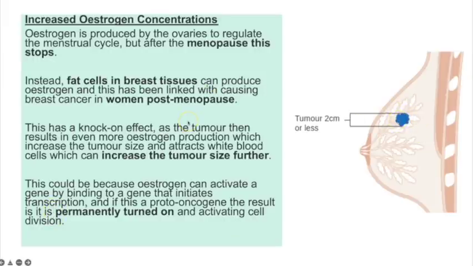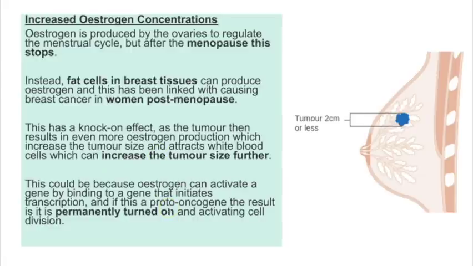Now, it has a knock-on effect as well, because as the tumour grows, because those tumour cells are breast tissue cells, that will result in even more estrogen being produced, and therefore even more of those proto-oncogenes could be switched on, activating more cell division.